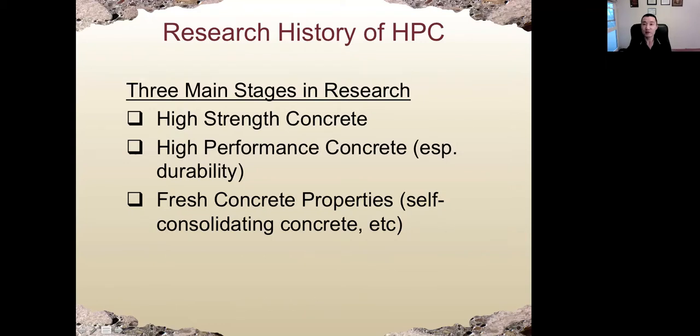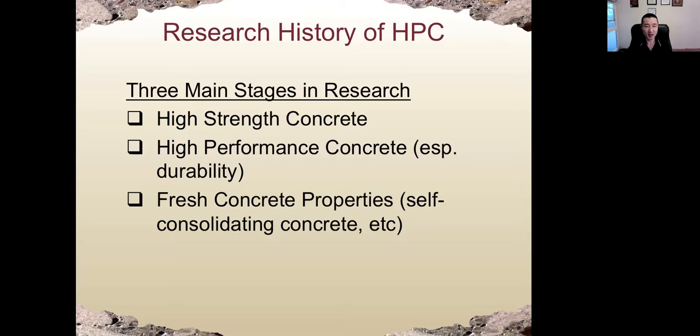Research history of high-performance concrete. At an early stage, the focus was on how to achieve the highest strength, or high toughness. But later on, people realized high strength is not always equal to high durability or other types of performance. So then the focus moved to other types of performance such as durability.